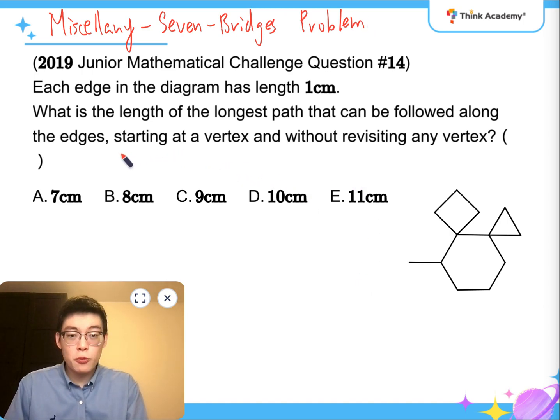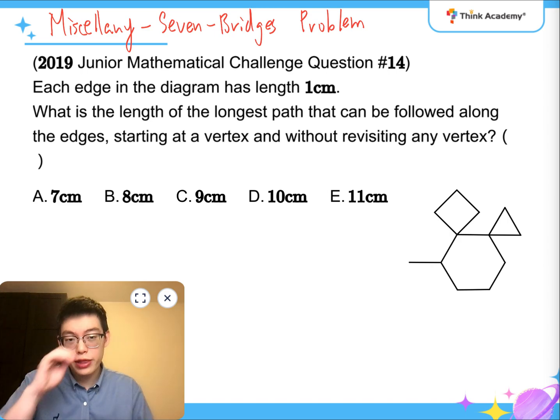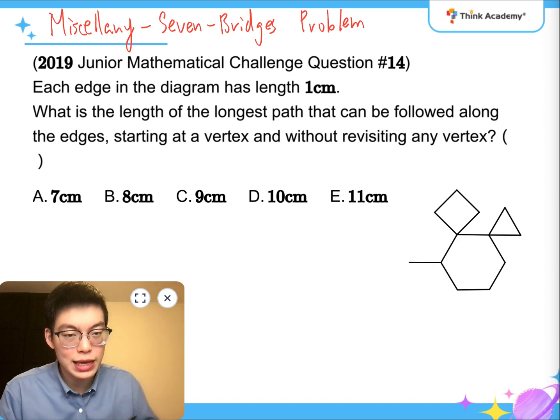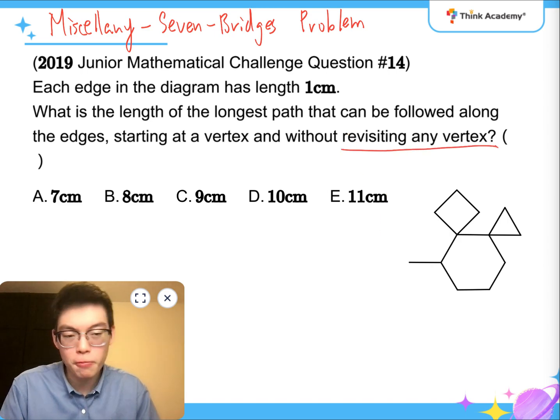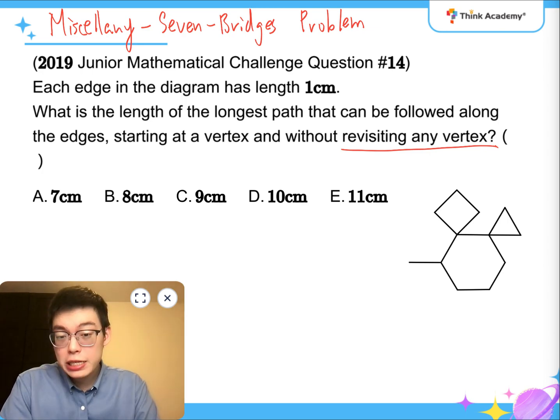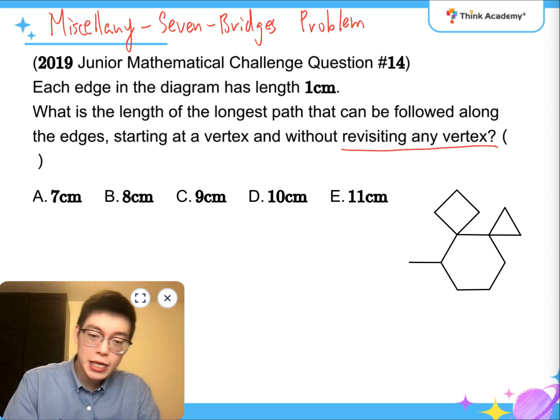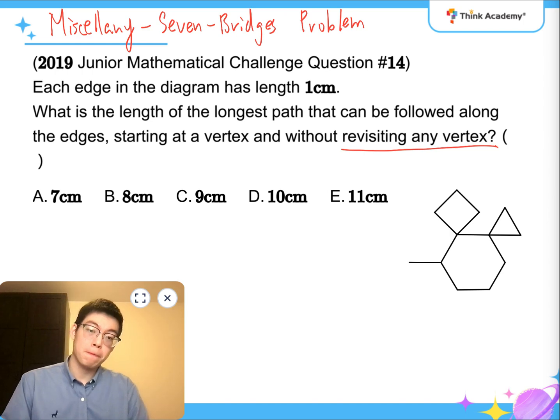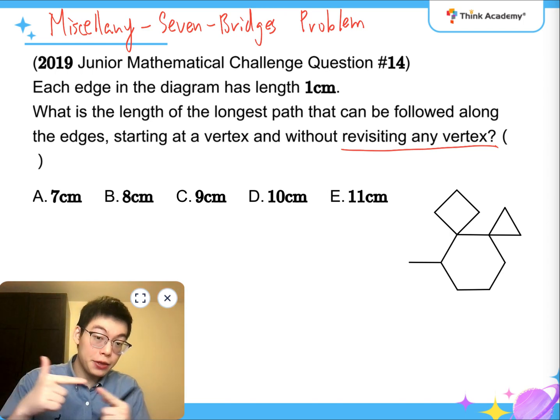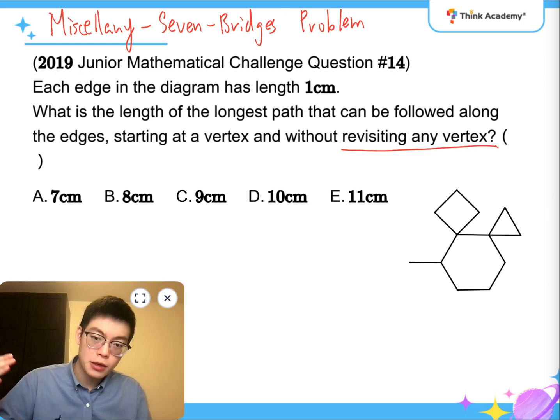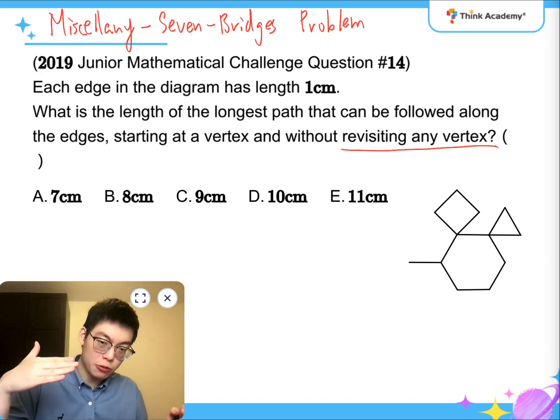The question says that we need to start at a vertex without revisiting any vertex, right? Which means that for each vertex that you're going through, there will be 2 paths joining to it. One way in and the other way out.